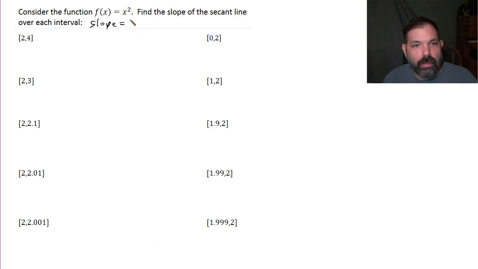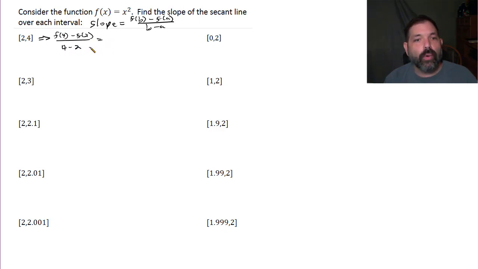So let's keep that in mind. Slope is equal to f of b minus f of a over b minus a. Let's do that for a few of these exercises. Let's look over the interval from 2 to 4. The slope would be f of 4 minus f of 2 over 4 minus 2.